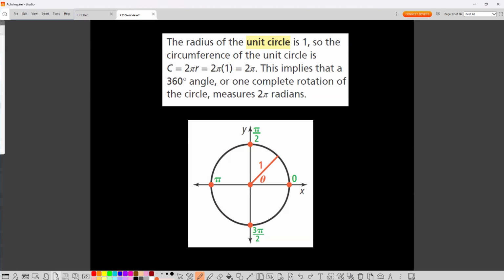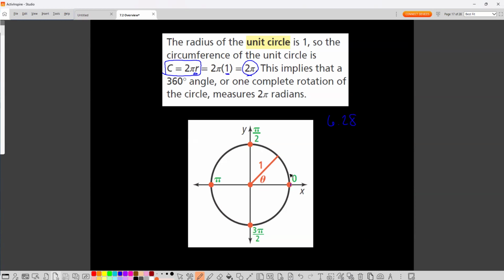So the radius of the unit circle is 1. Circumference, and this is what they're showing you here, is 2 pi r, but we already said on the unit circle we have a 1. So we have 2 of the pi's when you go around it. So that'd be 6.28-ish.